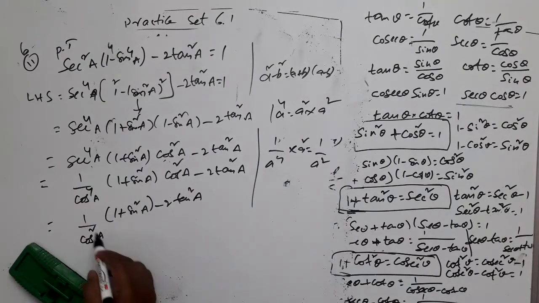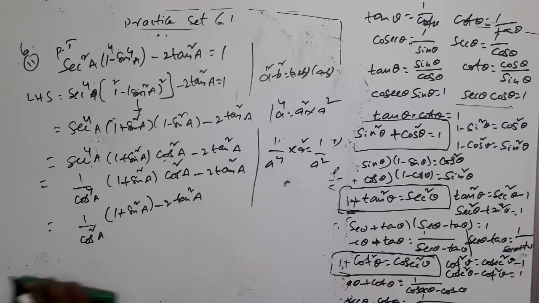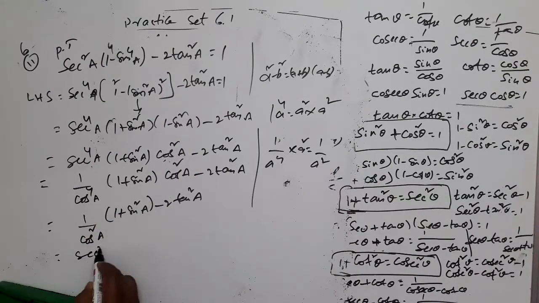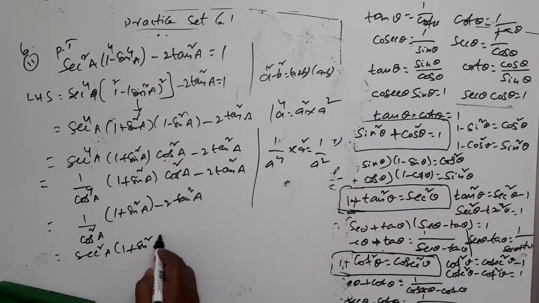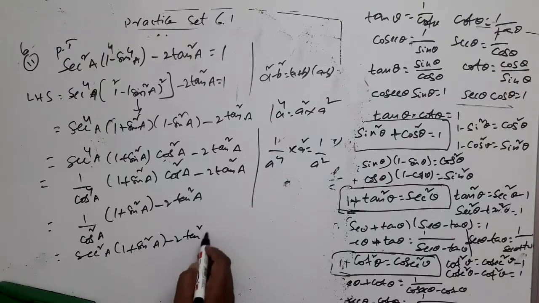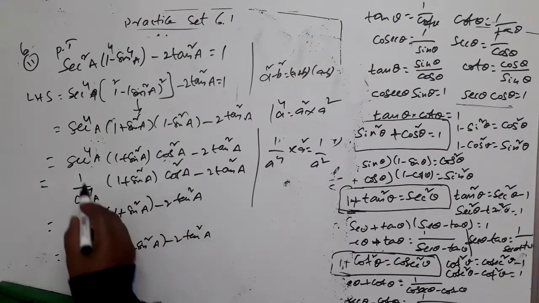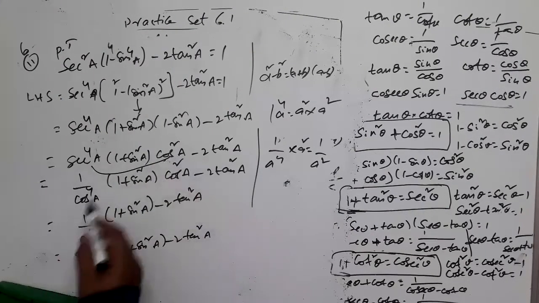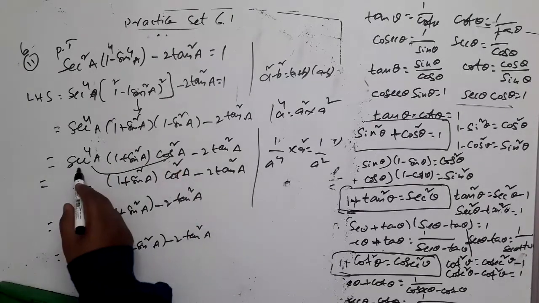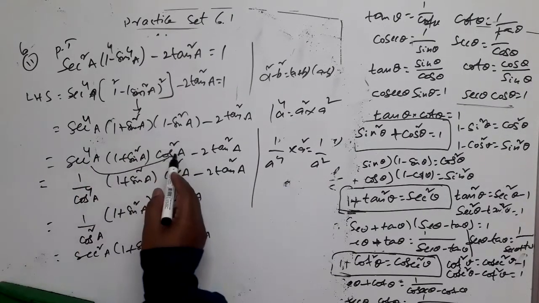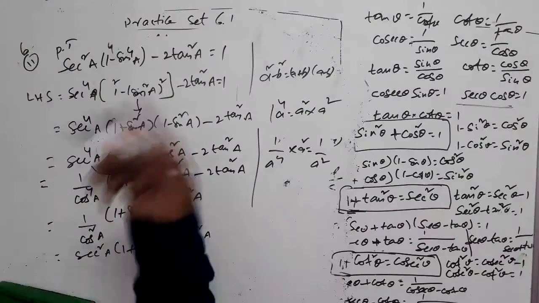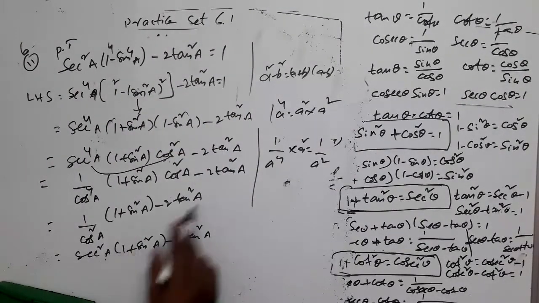Or to put it in another way, 1 by cos square A is secant square A. So this is secant square A multiplied by 1 plus sine square A minus 2 tan square A. If you find it a bit lengthy, you consider here in one bracket secant square A multiplied by cos square A. That will be 1. So secant square A will be remaining. You can skip one step, right? Yes.